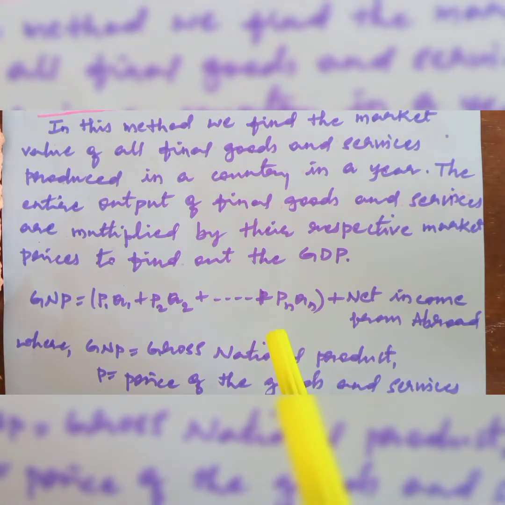Okay, after this, next plus net income from abroad. What do you mean by net income from abroad? When the domestic country exports the goods and services to other country, the domestic country will receive the income. So that income will be added to the GDP. Then it is called GNP. Have you understood, students?